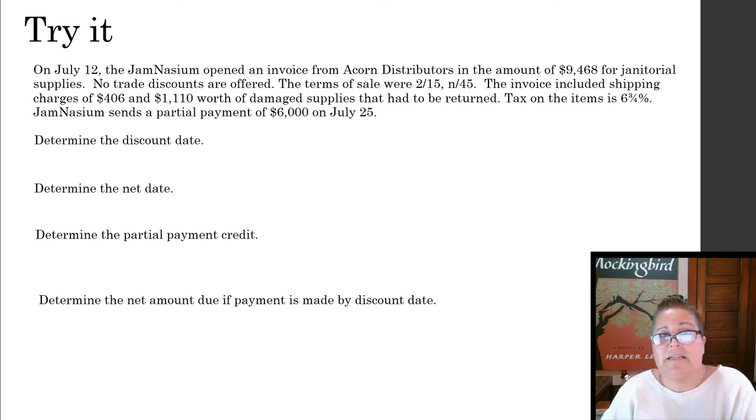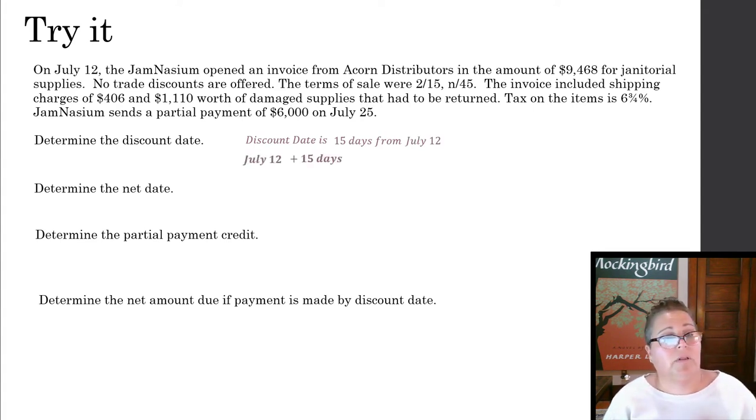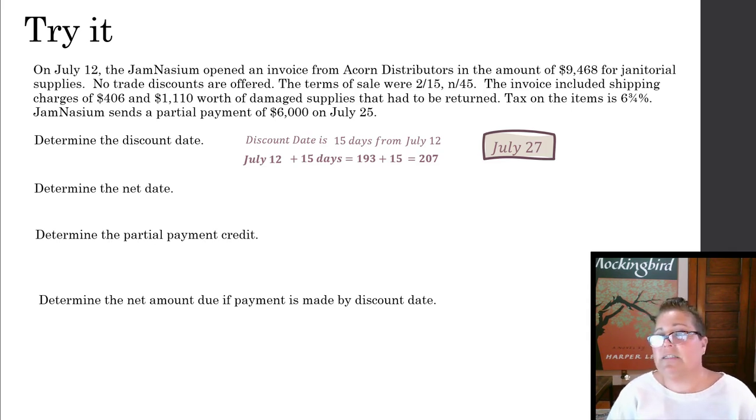Ordinary dating is based upon the date on the invoice, and this invoice date is July 12th. So I need 15 days from July 12th. July 12th plus 15 days gives me July 27th. Yeah, 12 plus 15 should give me July 27th.